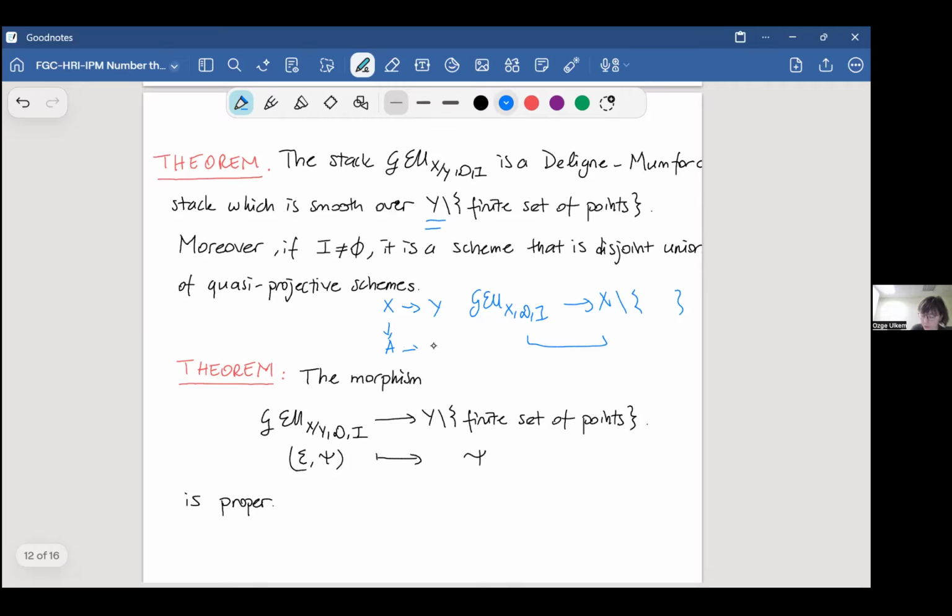I don't remember the conditions now, and I believe it is over FQ, or over y. But I refer to it in my thesis, where I took the diagram, put my stack in such a nice diagram and derived the smoothness from there. I don't know if this was what you are asking.